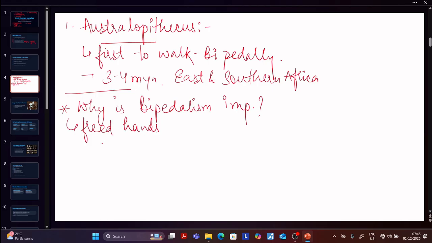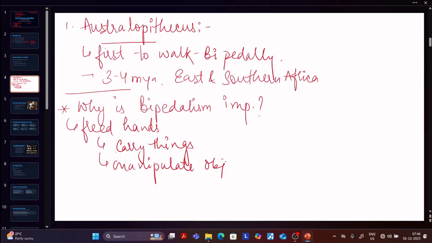Hands that were previously used for locomotion could now carry things, manipulate objects, make tools.